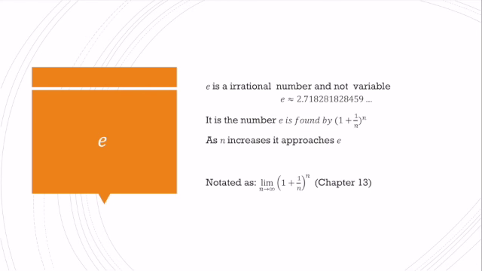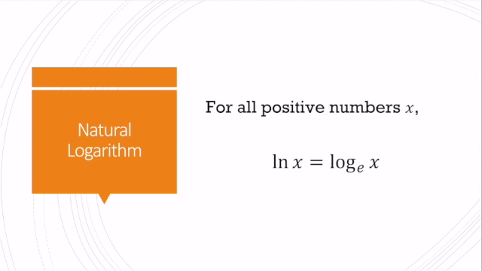E is an irrational number and not a variable. It's the button on your calculator that you've probably stared at. You push it, you get a really ugly looking number, right? And you weren't quite sure what to do with it. That's a concept we're going to cover in chapter 13, so look forward to that. But we use E because E is really important.